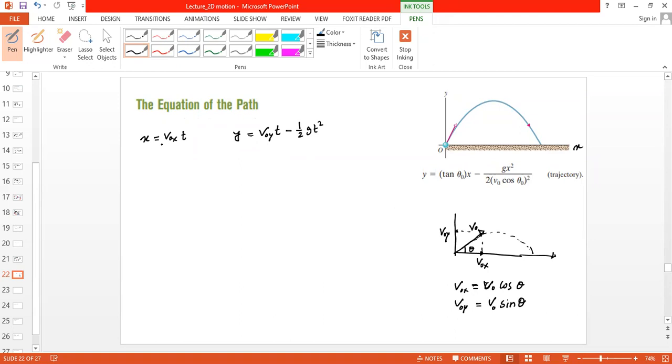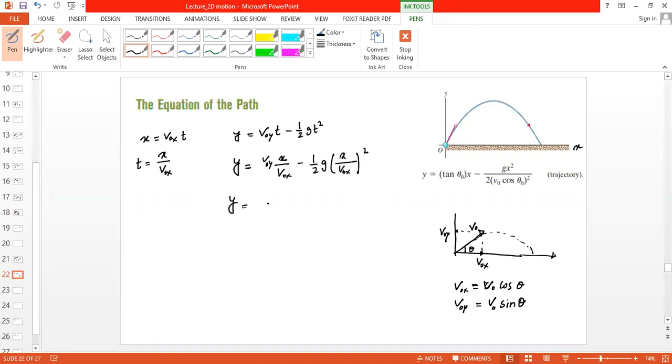Now from this part, we can find t equal to x over v naught x. So we can substitute this value of t over here, and this gives us y equal to v naught y into t, which means x over v naught x, minus 1/2 g x over v naught x whole square.